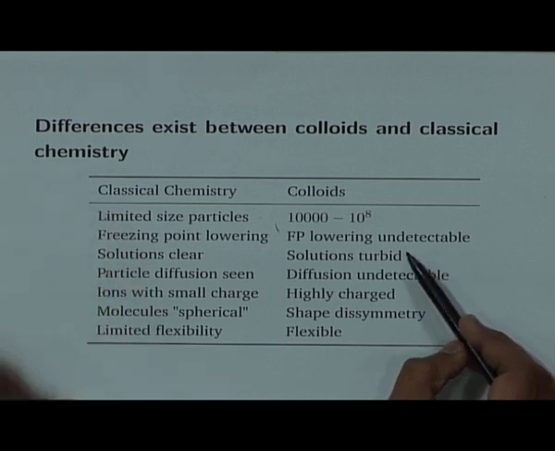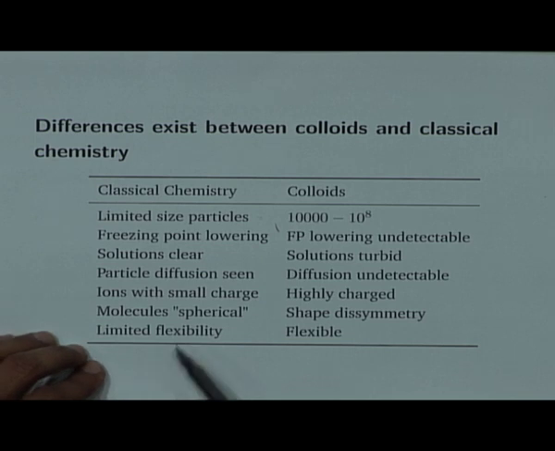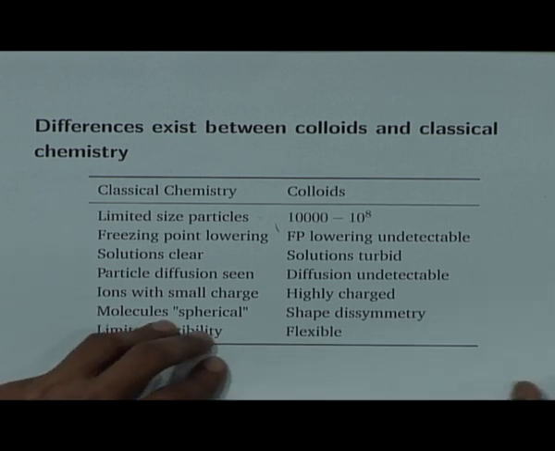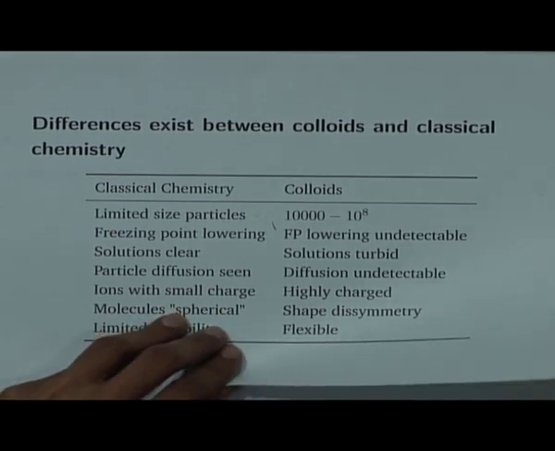And these are other things that we will come to in just a little while. So, what I will do in the next few minutes is discuss some of the properties that are specific to colloids and interesting in its own right.